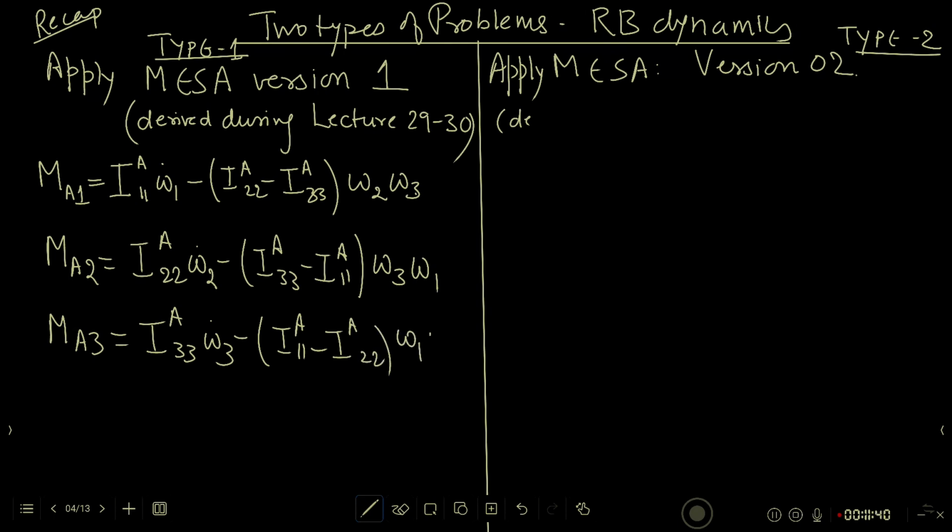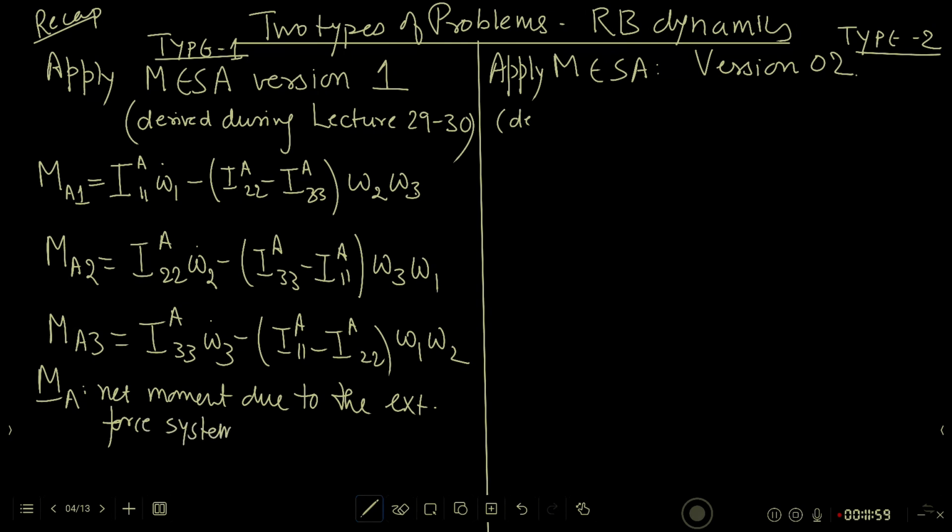This is the version 1 equation where MA is the net moment of the external force system about point A. This is being expressed using the working coordinate system as MA1 E1, MA2 E2, MA3 E3.